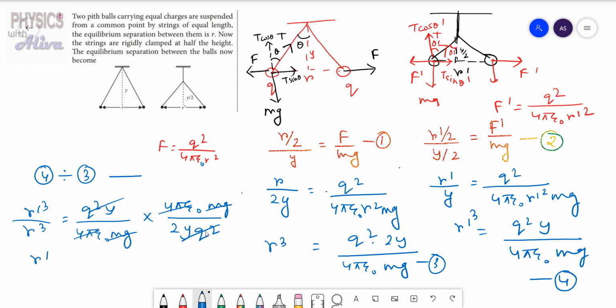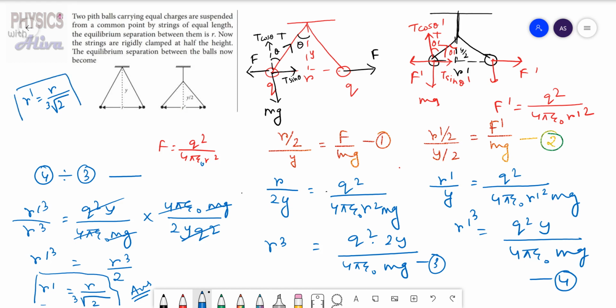Now we are getting that r dash cube is equal to r cube by 2. So r dash is equal to r divided by cube root of 2. This is our required answer. Okay. Here one option is given where r dash is equal to r divided by cube root of 2. This is our answer.